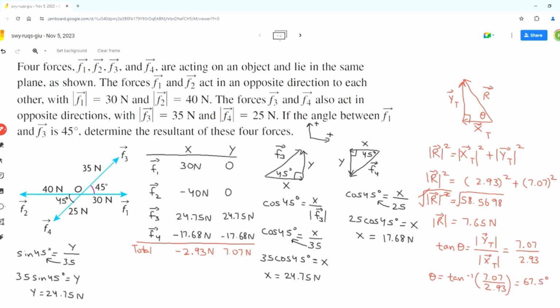So that means the resultant of these four forces is, so we'll start with the magnitude.